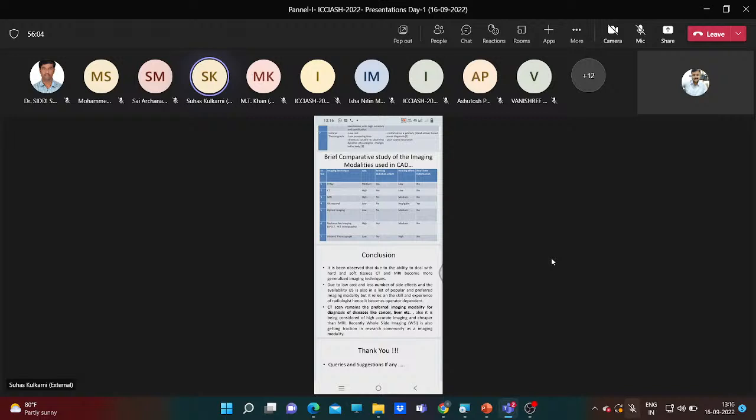We would like to mention that recently whole slide imaging is also getting traction in the research community as an imaging modality.